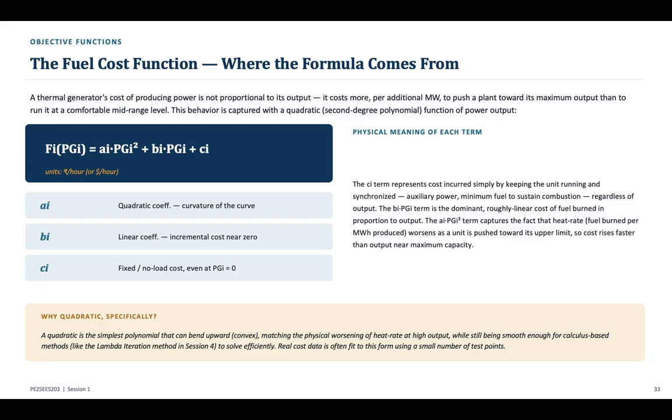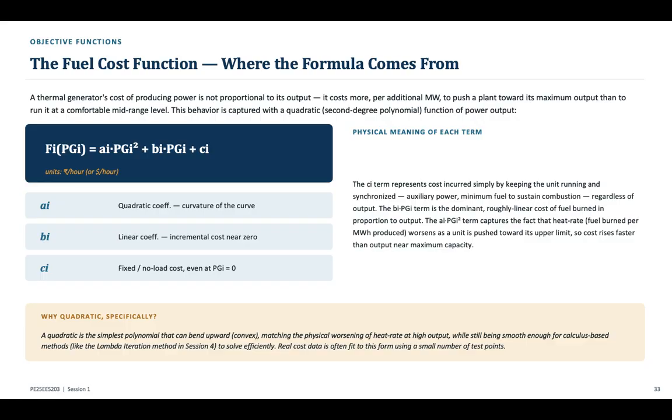So the next one is the fuel cost function, where the formula comes from. The thermal generator's cost of producing power is not proportional to its output. It costs more per additional megawatt to push a plant towards its maximum output than to run it at a comfortable mid-range level.